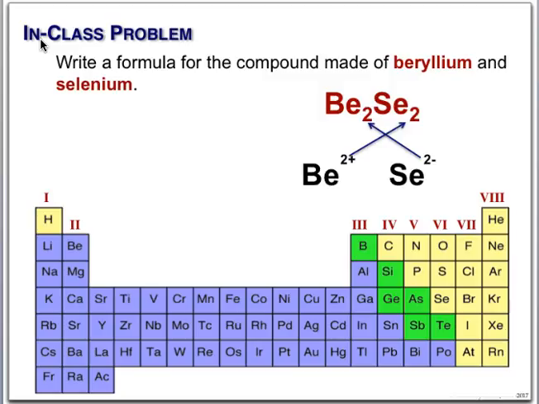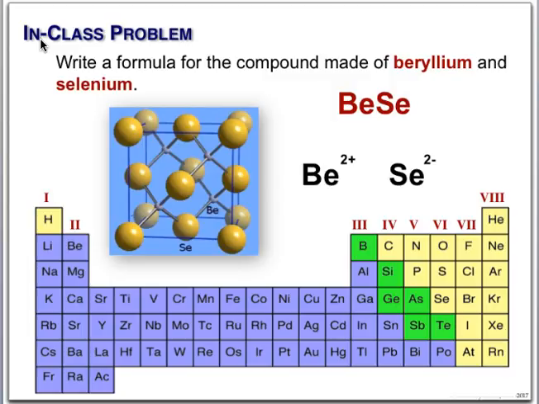So this is where you have to be careful doing your crisscross. This, of course, is simply BeSe. Make sure you always wind up with the lowest whole number ratio. Any questions?